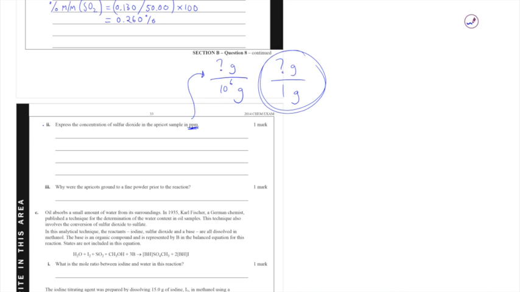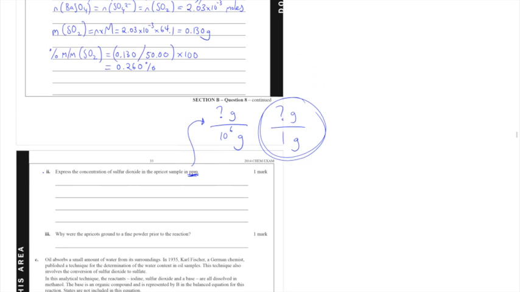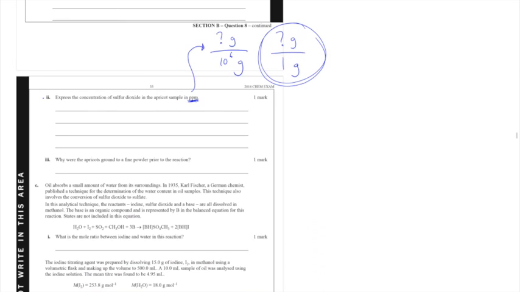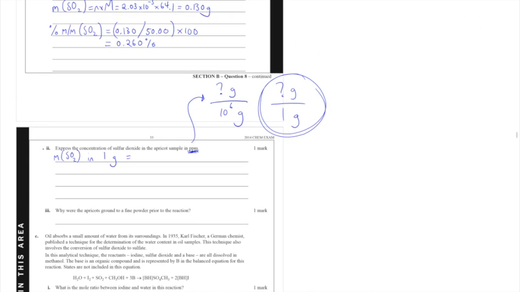So I'm going to work out how many grams are in 1 gram. Well, I know that I have 0.13 grams in 50 grams. So the mass of SO2 in 1 gram equals 0.13 divided by 50, and that gives me 2.6 by 10 to the minus 3.